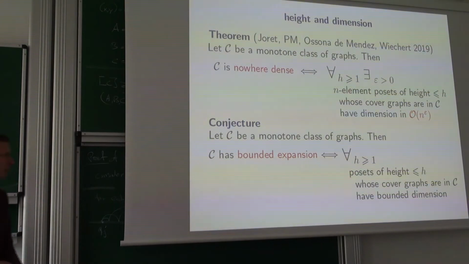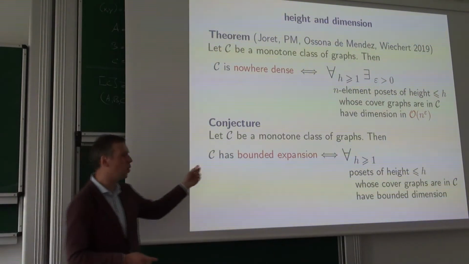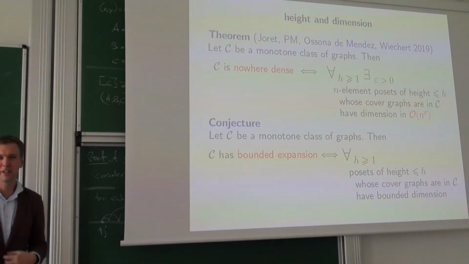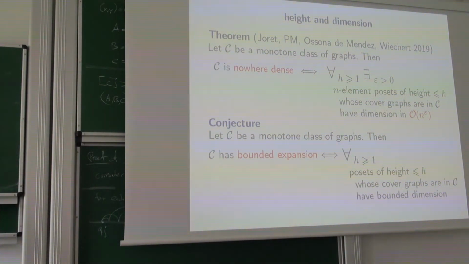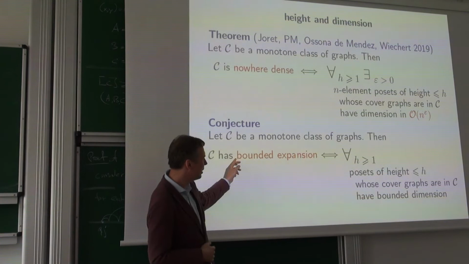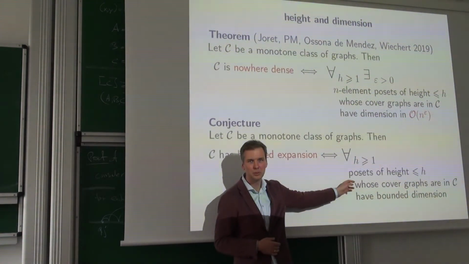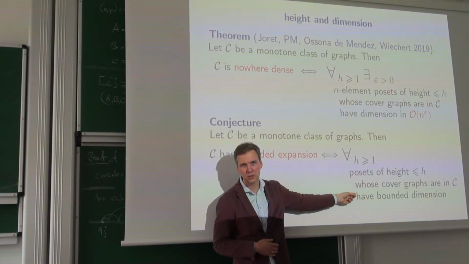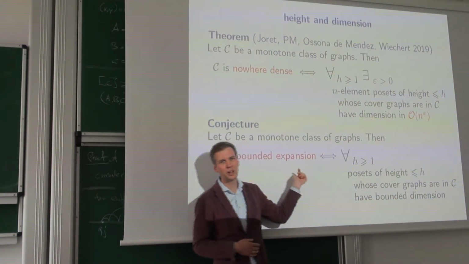And this is not the case here because this is open for bounded expansion, and the reason is the implication that usually is the easy one, that no one spends time on. So which implication is proven? Bounded expansion gives you this, because from bounded expansion you have a bound on the weak coloring numbers and you have a bound on dimension with respect to height, but we cannot go back.